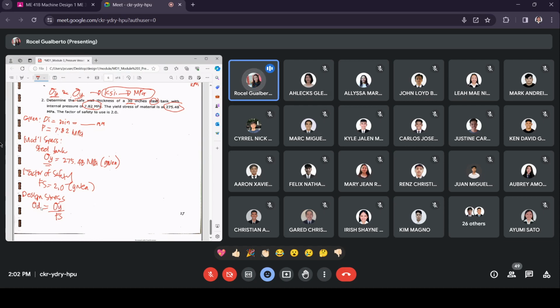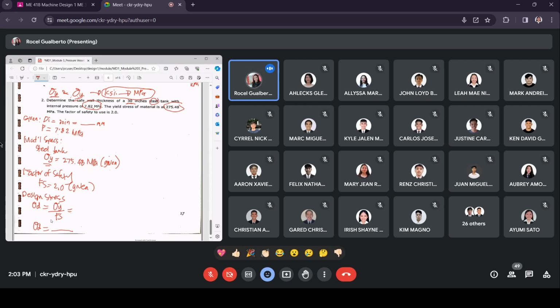That is why we make use of sigma D equal to sigma Y over the factor of safety. So you have here the value of sigma Y and the factor of safety, so you can compute for your design stress.